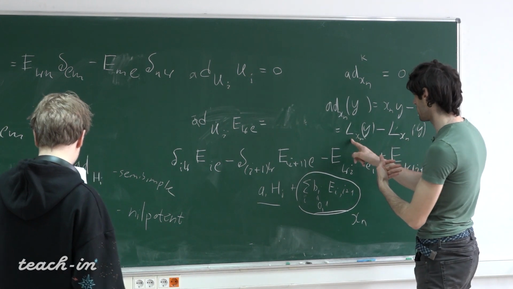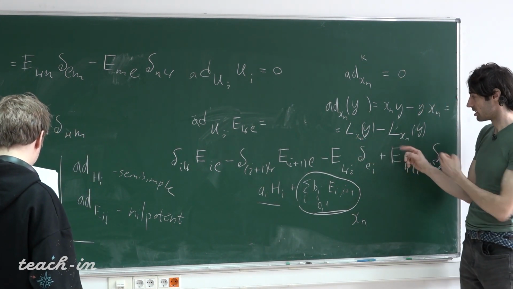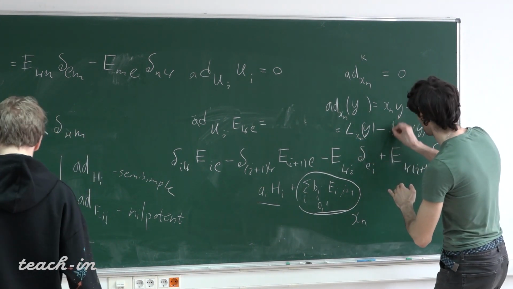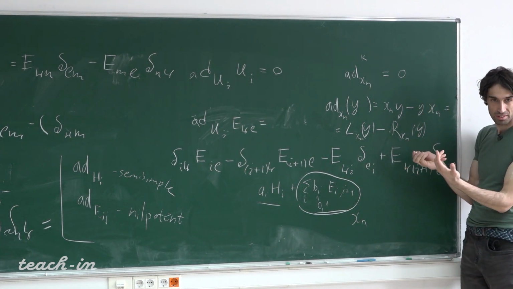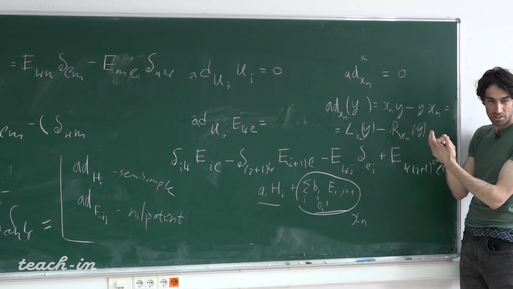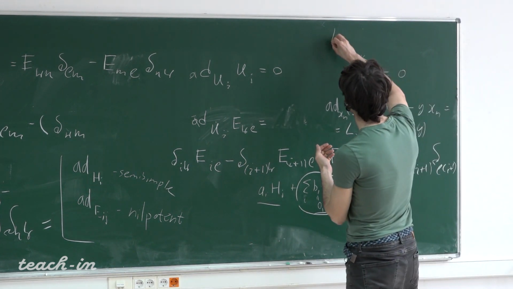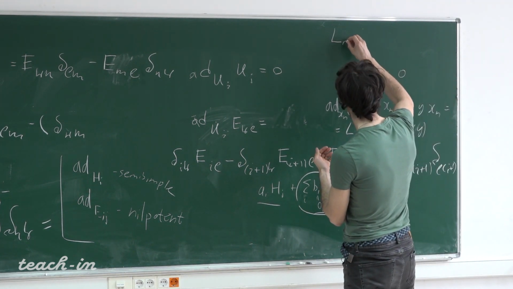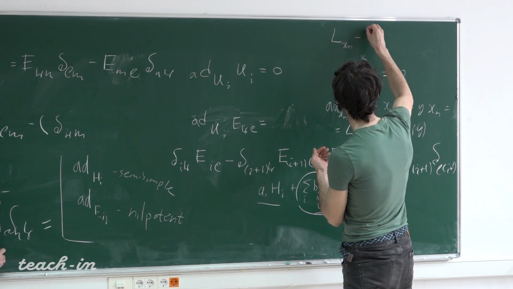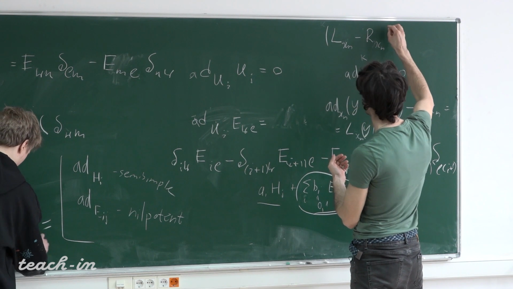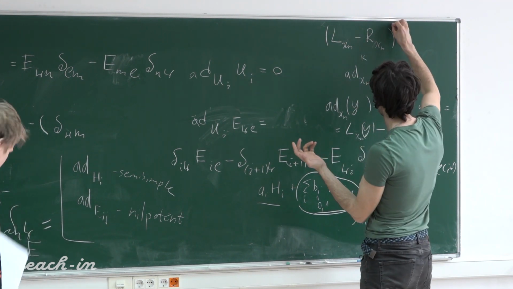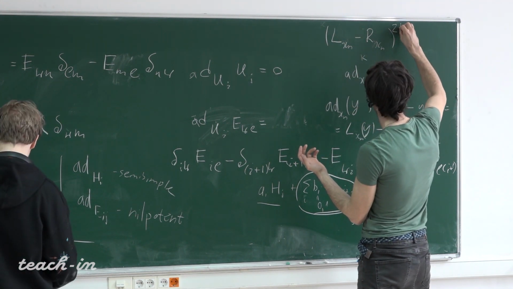So therefore L_xn and, sorry, here I have to write R, R_xn are nilpotent, and they commute. So I can consider L_xn minus R_xn to some sufficient power, I don't know, 2k.